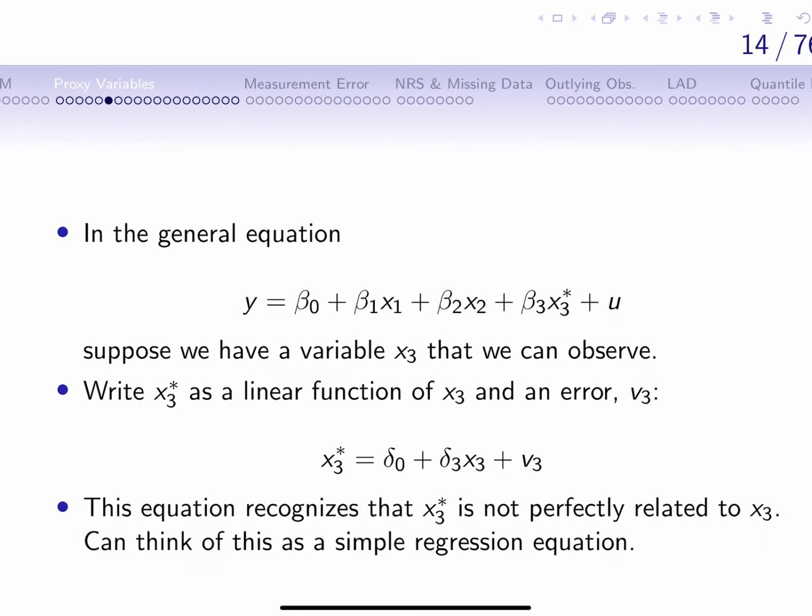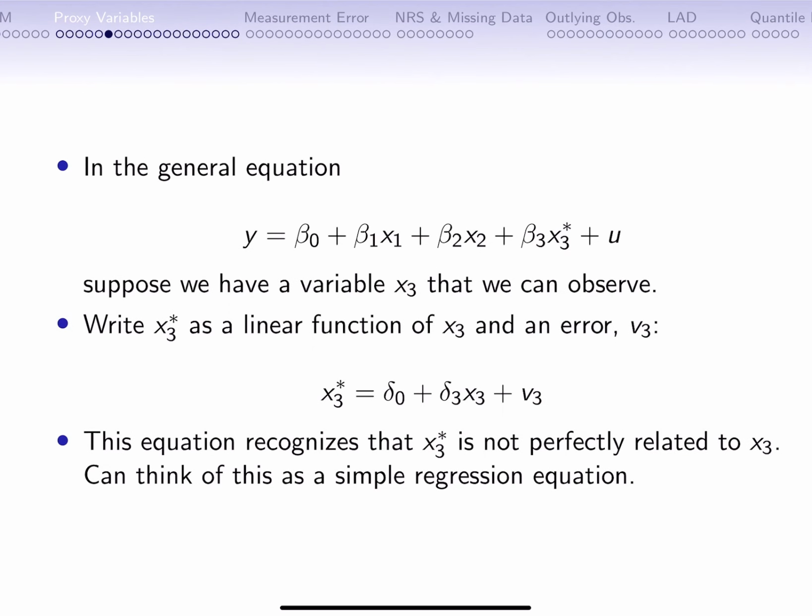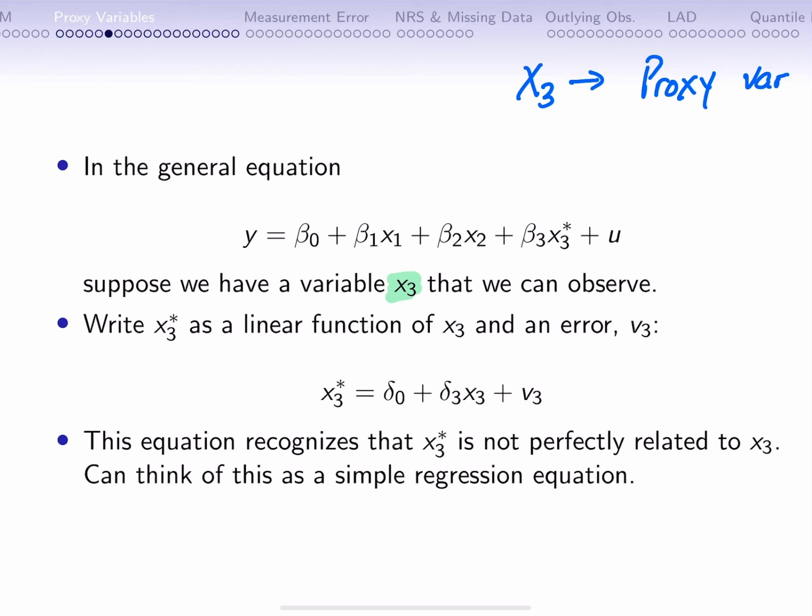Okay, so let's move on and think about a proxy variable x3. Here, notice there is no star. I'm denoting x3 as the proxy variable. Okay, and we'll see if we can introduce that in our regression to get unbiased and consistent estimators for beta 1 and beta 2.